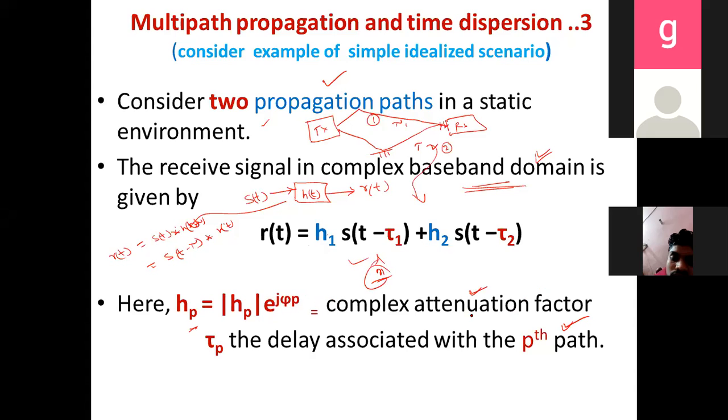So this is the complex attenuation factor, which involves the amplitude changing term plus the phase changing term.